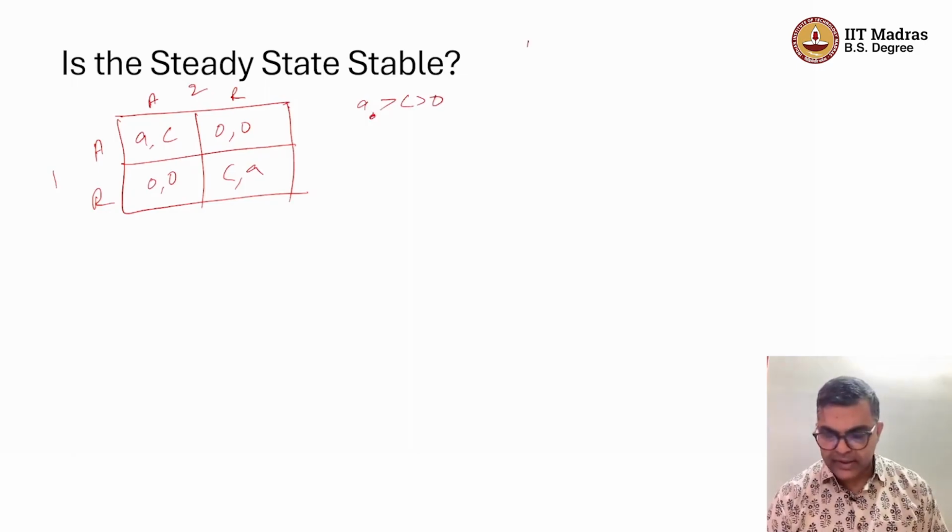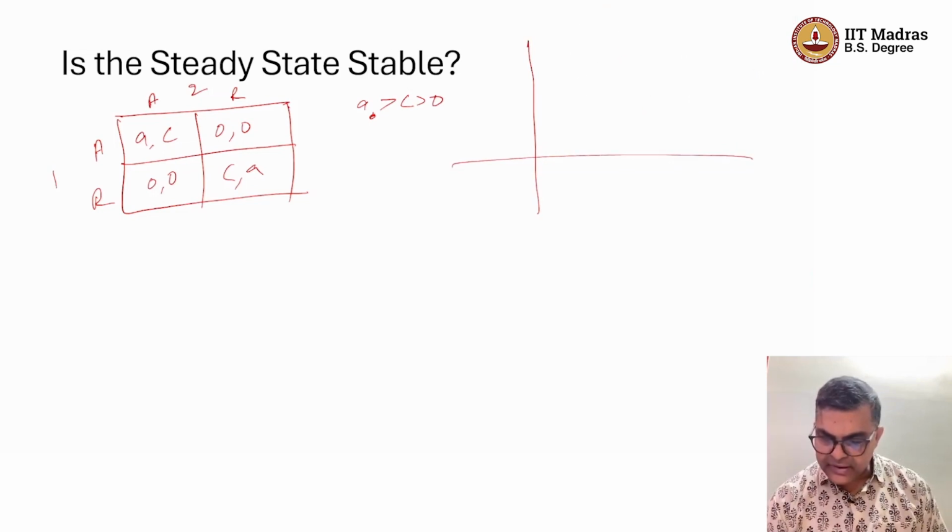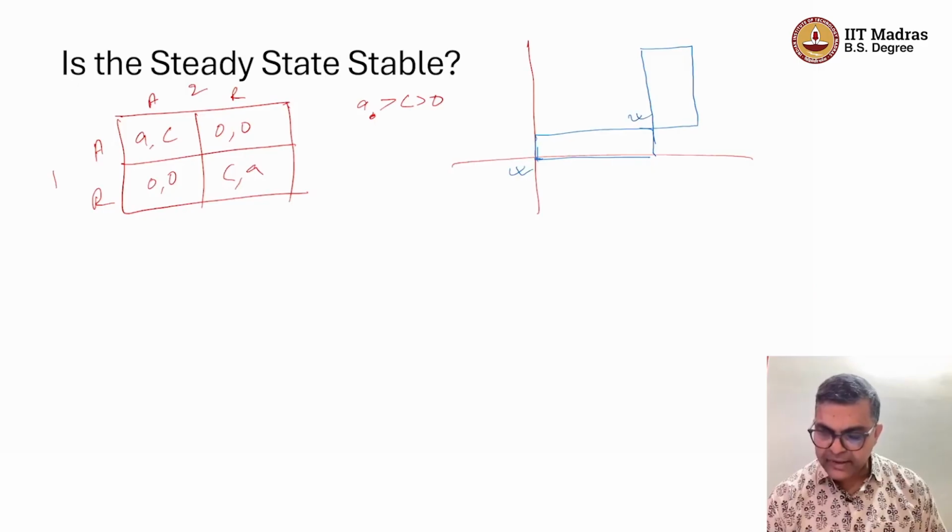That's what we had, and we had 3 equilibria. If we remember correctly, this came out to be something of this sort. We had an equilibrium here, we had an equilibrium here, and we had an equilibrium here.